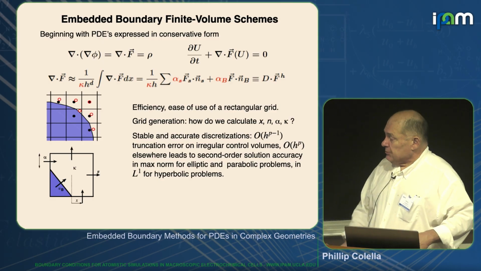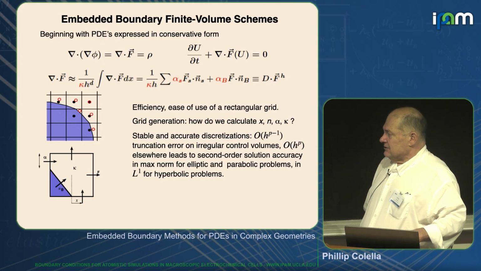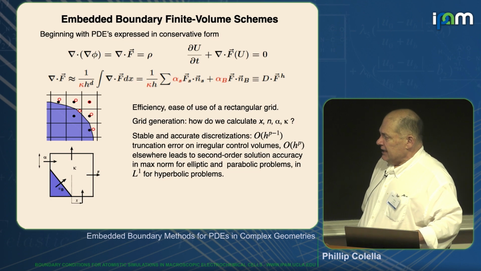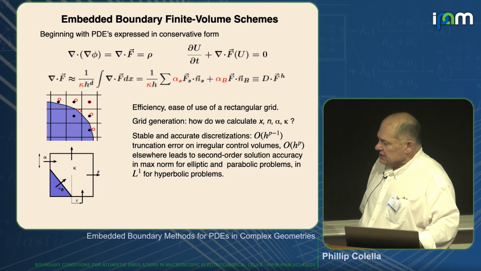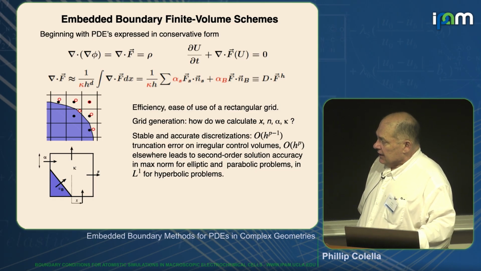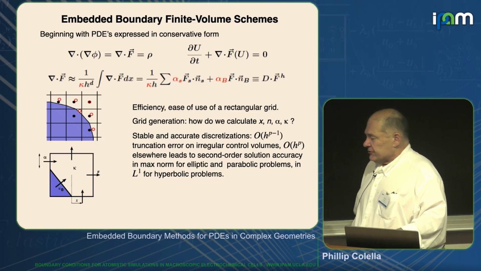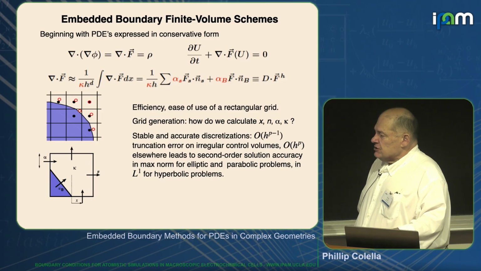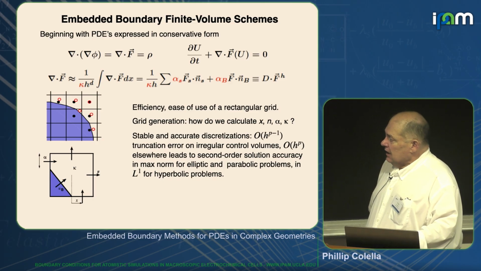And when I apply the divergence theorem, what do I get? Well, again, do a little bit of scaling. 1 over kappa h times the sum of fluxes on the faces. So for each face here, we have a flux, and then we multiply by a scaling factor. The scaling factor is what fraction of the face is exposed.